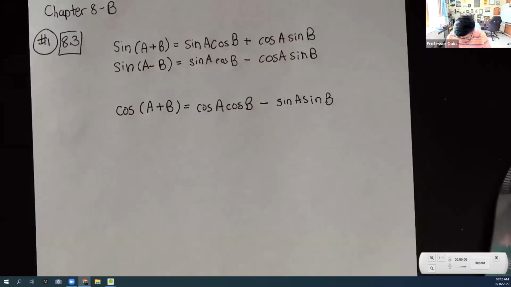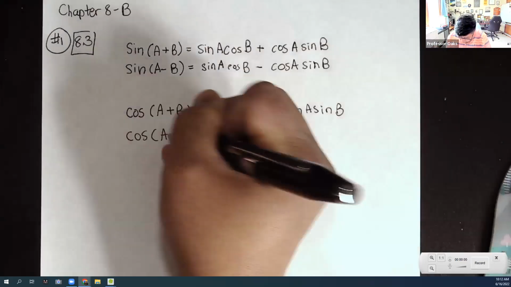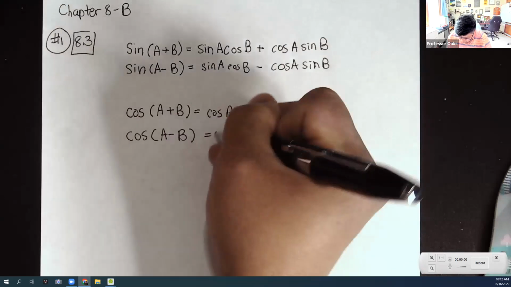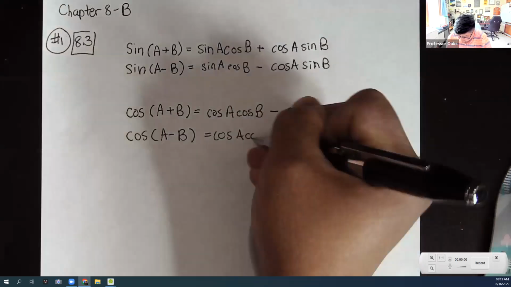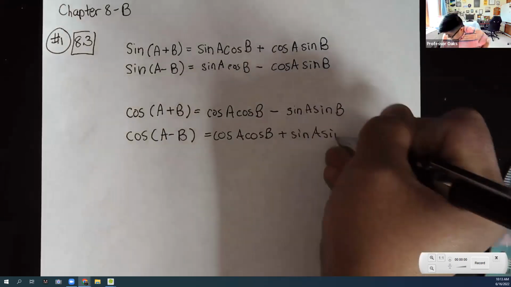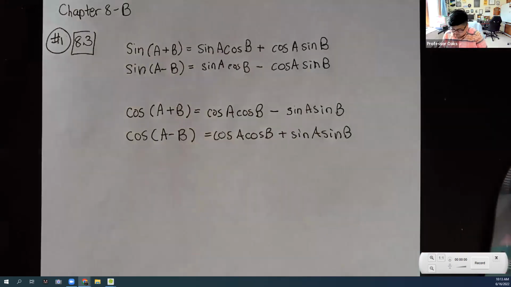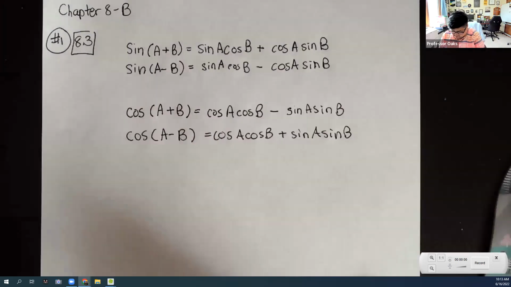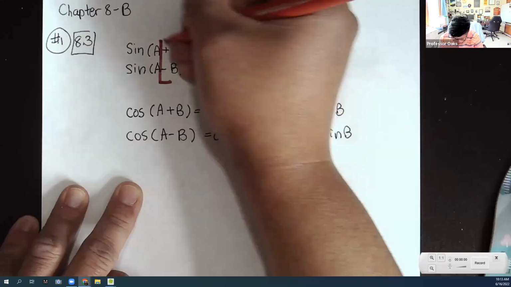All right. So if you have cosine of A minus B, then it's cosine A cosine B plus sine A sine B. So here is what you need to remember. For the sine ones, these are the same signs.